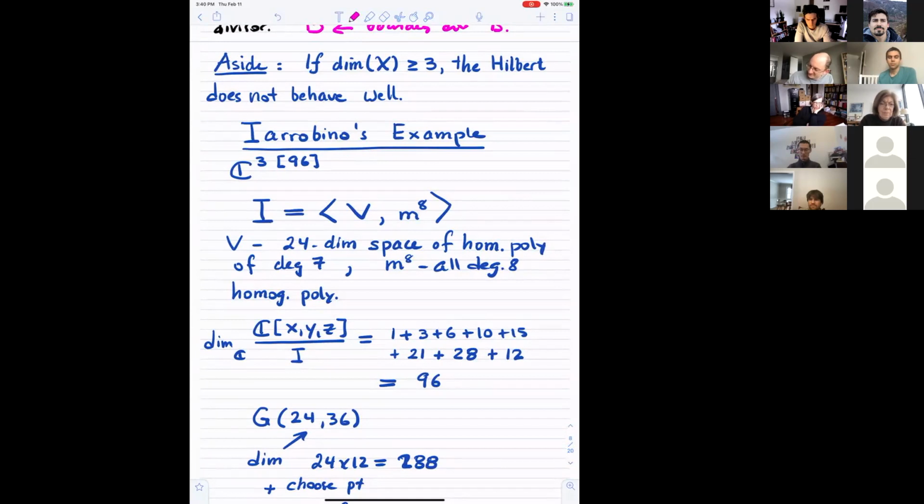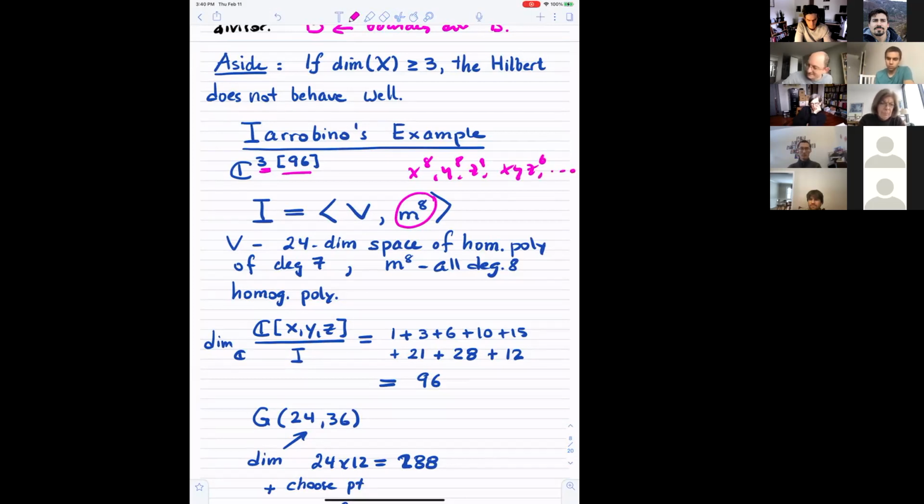So here is what you can do. This is going to be 96 points on C^3, okay? So we look at the Hilbert scheme of 96 points on C^3, and here is what you do. Let me give you an ideal like this that will be in the space. You take all monomials of degree 8, things like x^8, y^8, z^8, x y z to the 6, whatever you can think of.